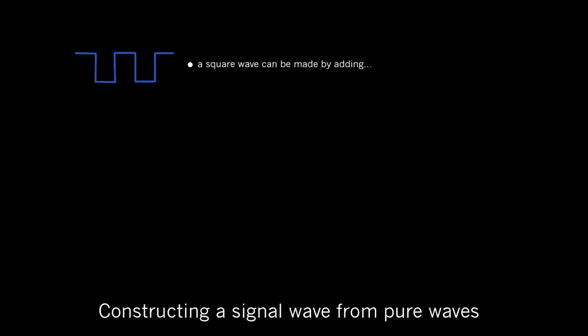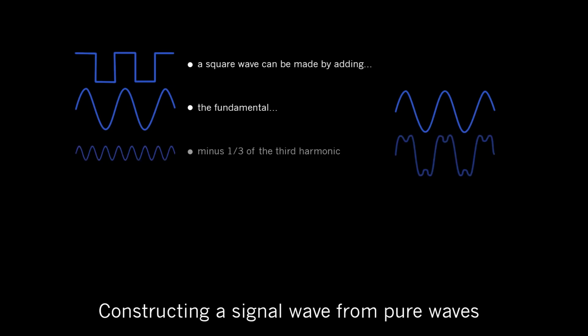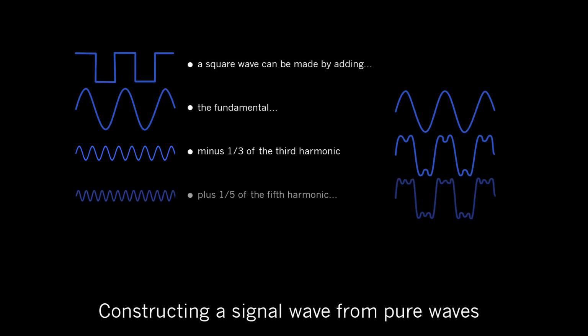For example, a square wave could be thought of as having a certain frequency. And we start our synthesis by taking a nice, pure sound wave of the same frequency. And then we subtract a third of a wave that's 3 times the frequency of that fundamental, nice, smooth sine wave. Then we add a fifth of the amplitude of 5 times the frequency.